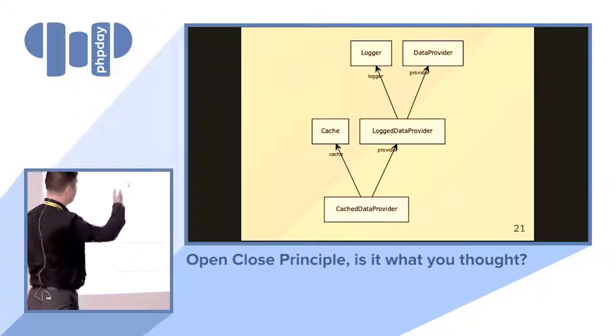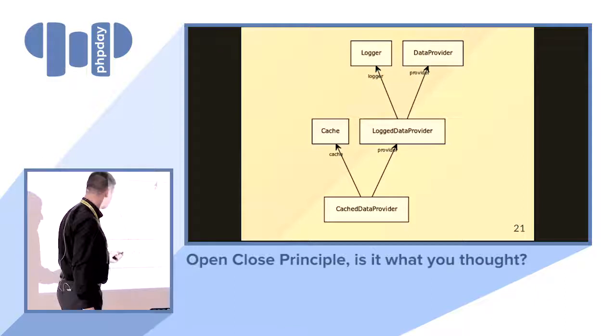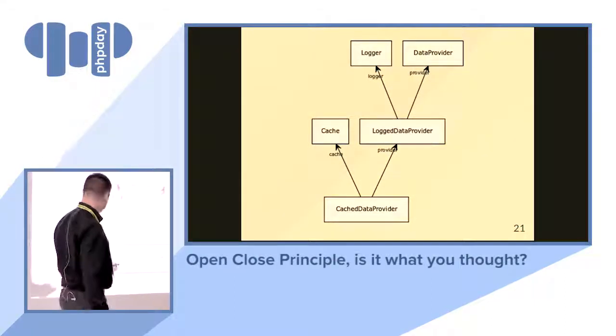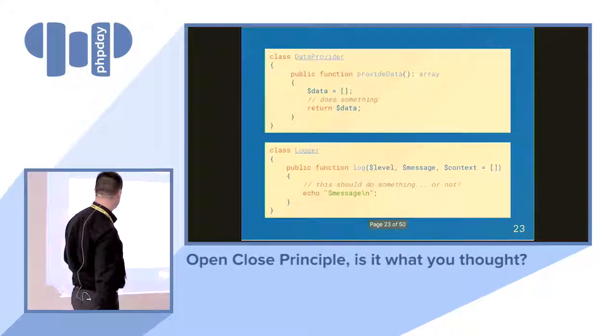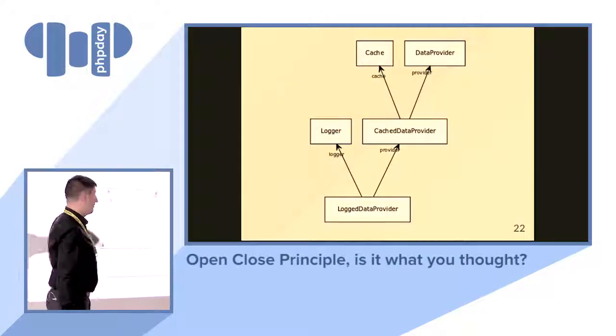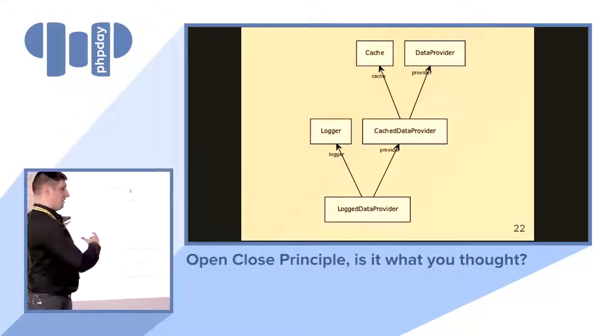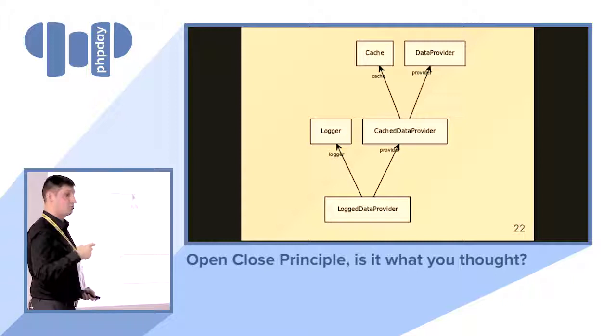If we want it this way, it's the data provider, then the logger, and then the cache, or the other way around, with the logger down there and the cache in the middle. Because we're composing, it just depends on what order we use when we instantiate it.